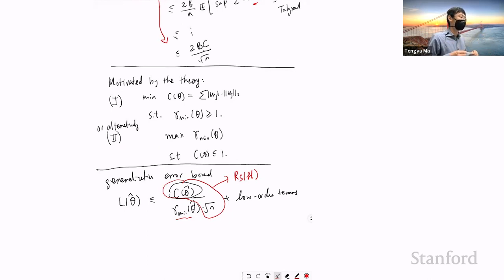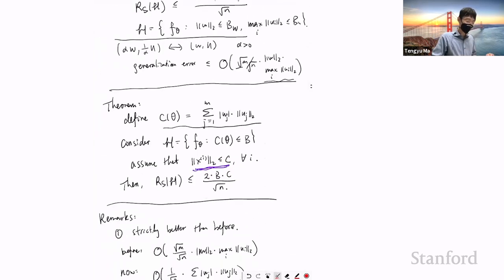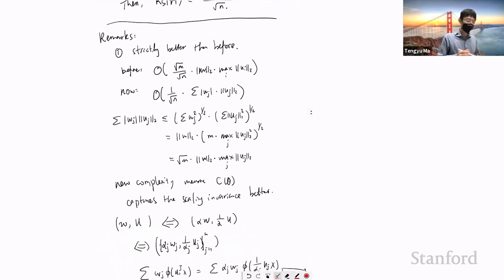The way I think about it is that these two bounds are exactly the same when all the WJs and UJs are the same, for example constant, or maybe all 1 over square root m. Then you don't gain anything from this. But it will be much different if you want to find the function where your WJ and UJ go to 0 gradually as you have more and more neurons.